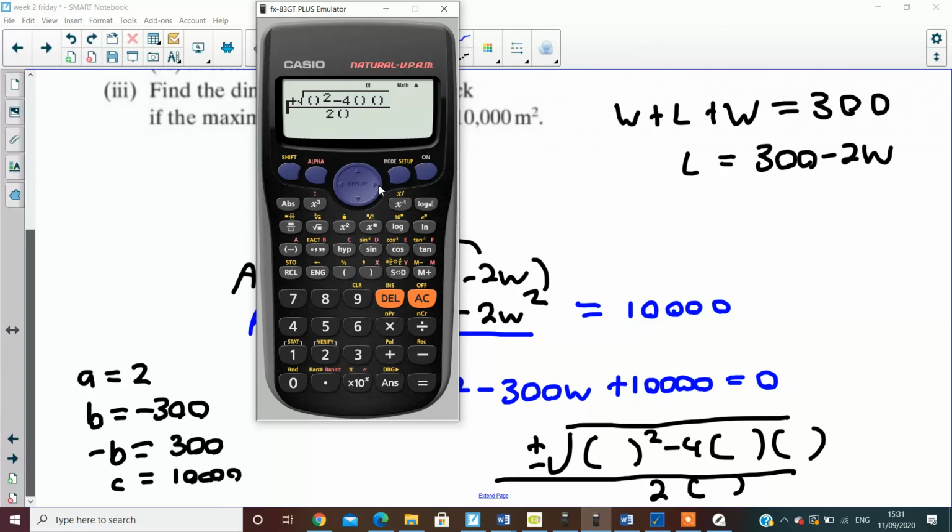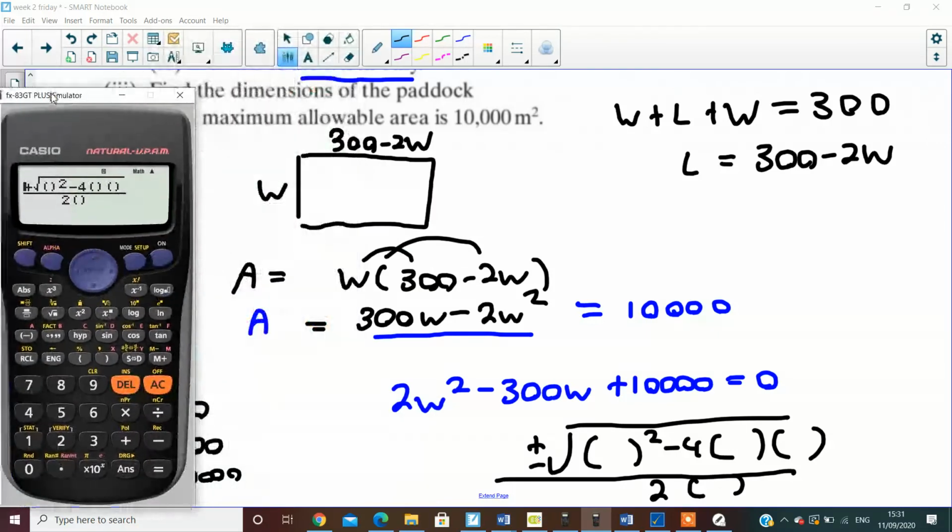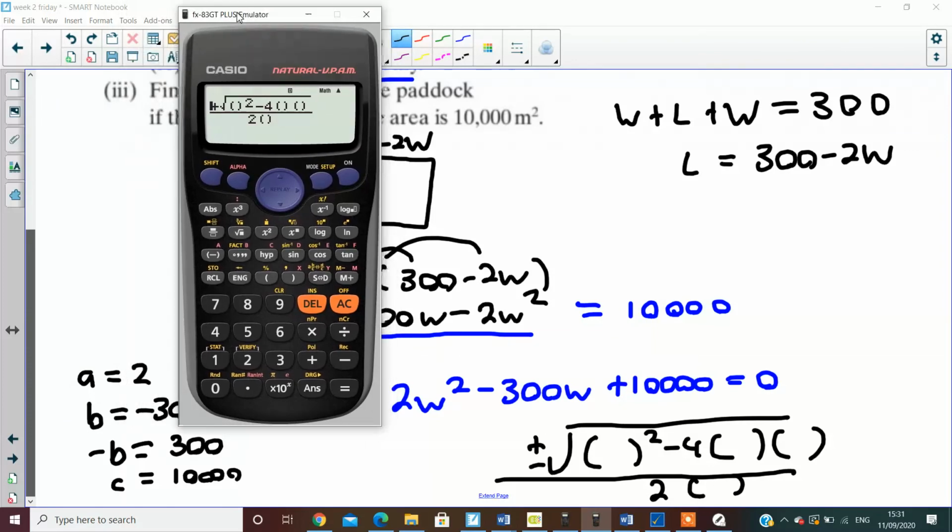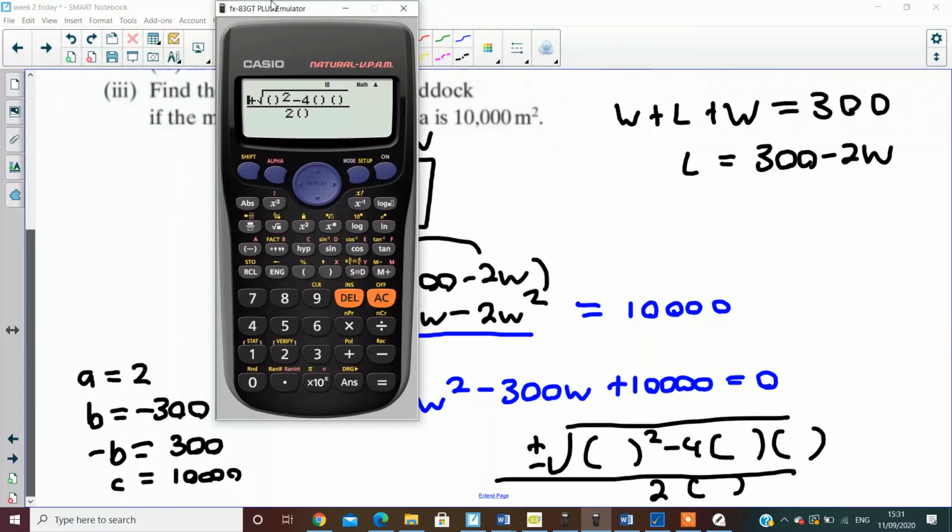All right, so it's minus B plus or minus the square root of B squared minus 4AC. So minus B is 300. B squared is minus 300 squared. A is 2. C is 10,000. Do you want the positive answer or the negative answer here, guys?